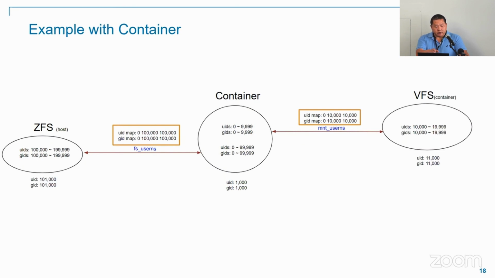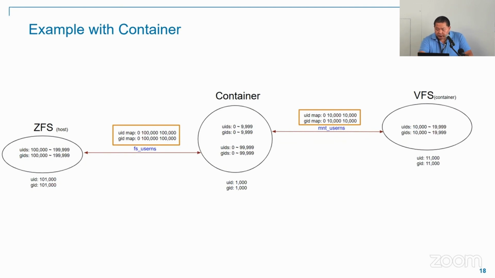I don't want to get into this. Let me go through this. So the first ID map, the FS user namespace, right? You have a map from 100K, 0 to 100K minus 1, then map that to 100K all the way to 200K minus 1. Right?